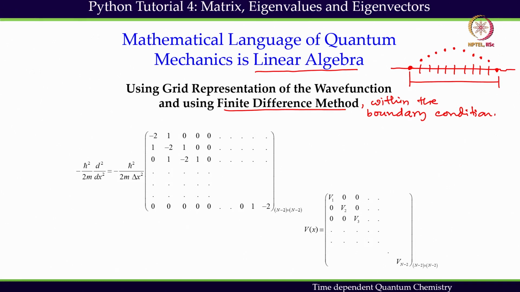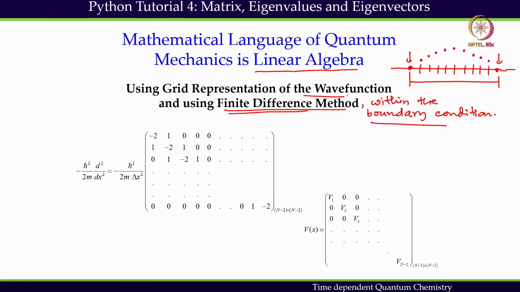Theoretically the wave function should be extending from minus infinity to plus infinity, but we cannot take such an infinite grid in computation. So, we make it a finite boundary, assuming that at the boundary the wave function takes 0 values. We use this boundary condition, then the finite difference method for the derivative and the discretized wave function.